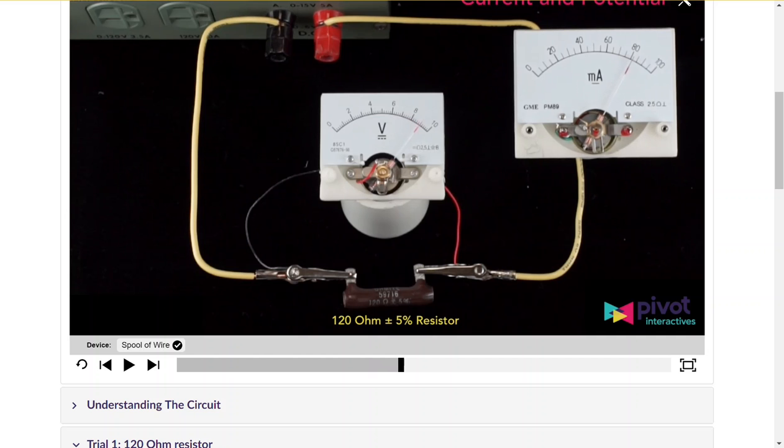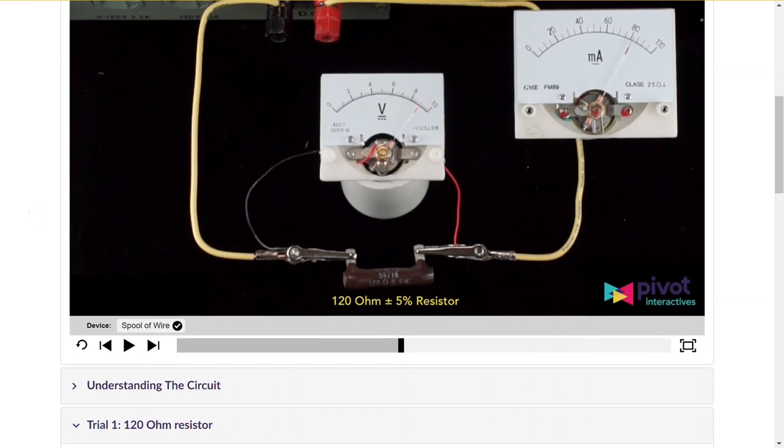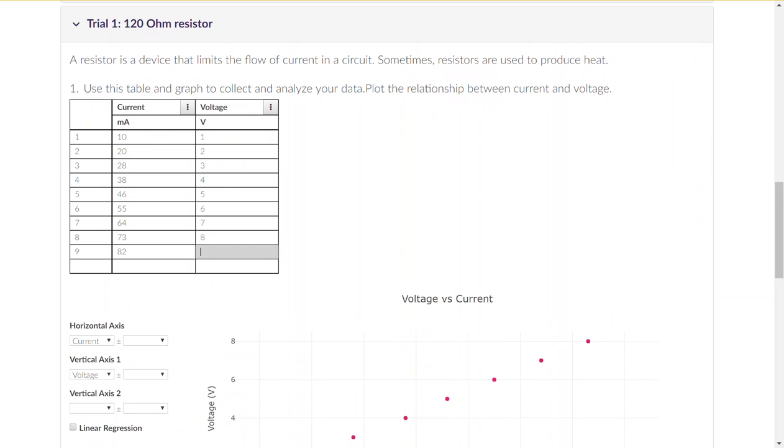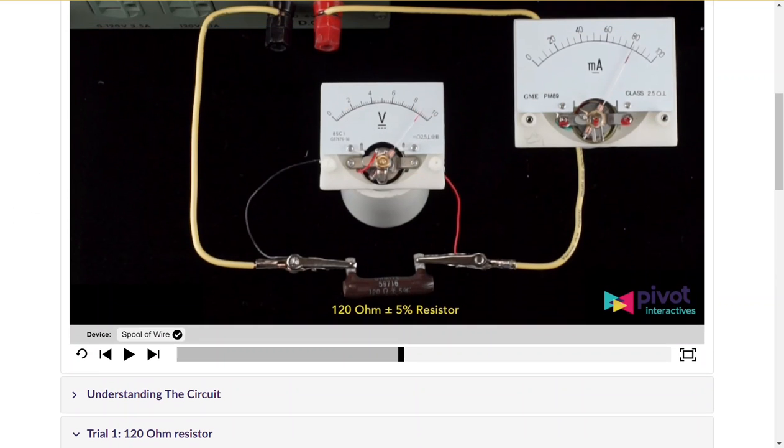Let's see, 9 volts looks like 81, 82. And the grand finale. All the way up to... That looks 10-ish. Yeah. That looks like maybe like 91, 92.